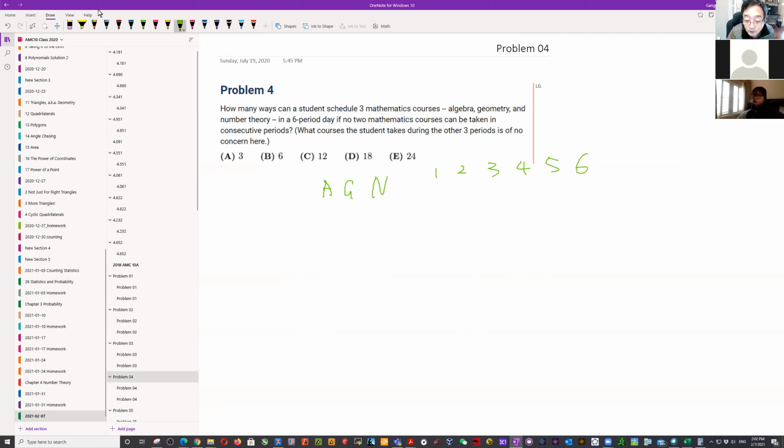If you consider ordering it in this way, you can pick 1, 3, 5, and 1, 3, 6, and 1, 4, 6, and 2, 4, 6. So you actually have 4 positions to arrange those 3 classes. So you have 4 multiplied by 3 factorial. That's the way that you get the answer.